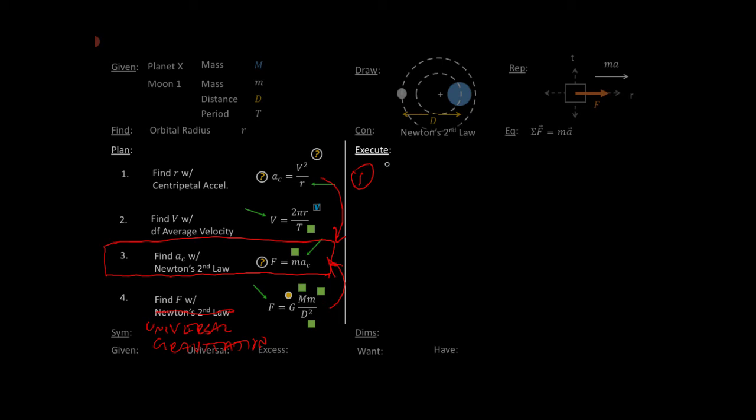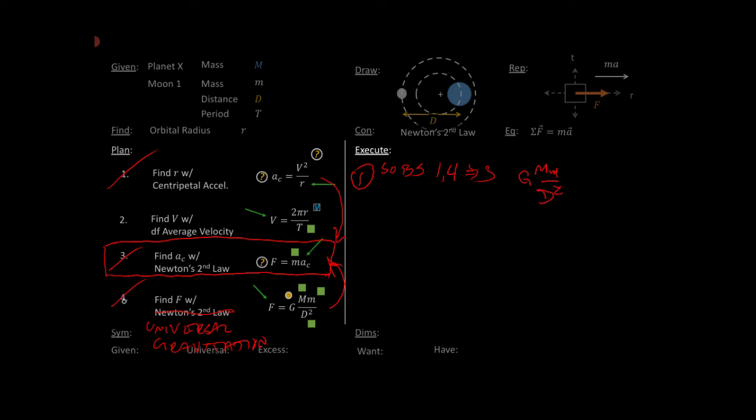So we'll just substitute 1 and 4 into 3. We can cross those off, 1 and 4 and 3. We need to use each one of these equations at least once. If we don't, we know we're in trouble somewhere. So we have GMM over d squared.